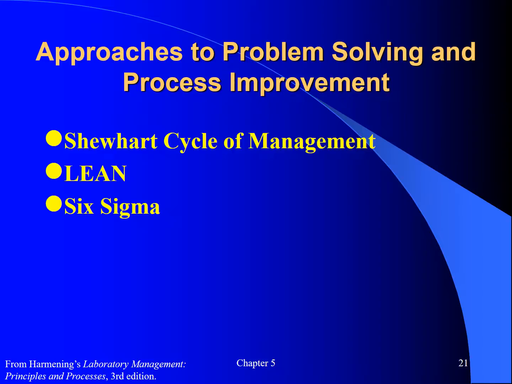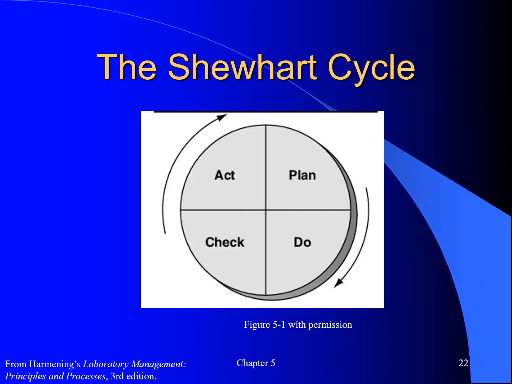Lean is primarily concerned with eliminating waste and improving flow. The Shewhart cycle is a continuous, circular process which includes the four steps: plan, do, check, act. The next group of slides will describe the components of each step.